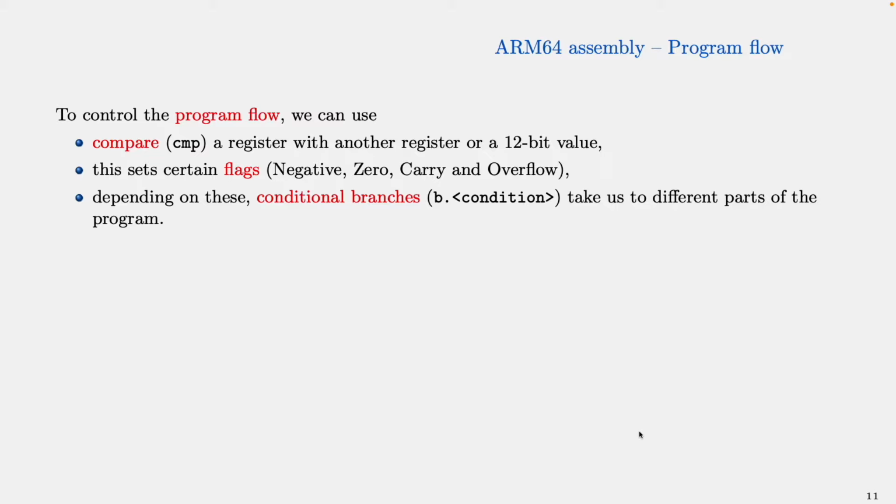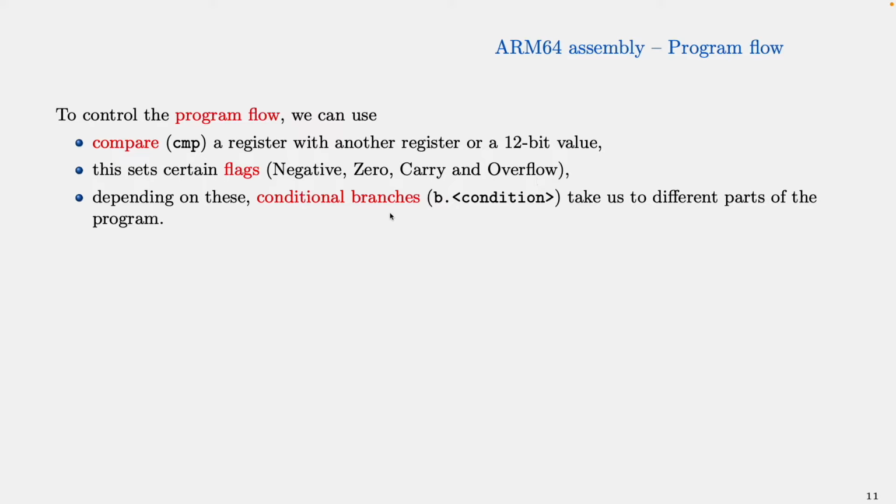Then, controlling program flow. As in x64 assembly, we would use a compare instruction for logical comparisons. The outcome of this compare would set certain flags on our processor. So we have 4 flags: the negative flag, the zero flag, carry flag, and overflow flag.